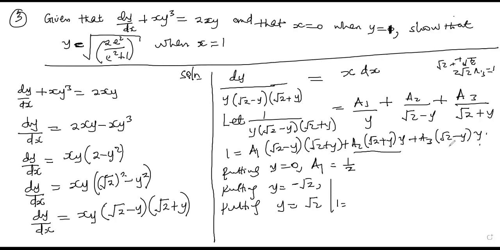So we shall have a2, 1 is equal to a2 into √2 plus √2 times √2. So this is √2 plus √2, that is 2 √2. So we have a2, 2 √2 times √2, that is 4 for a2, implying that a2 is equal to a quarter.